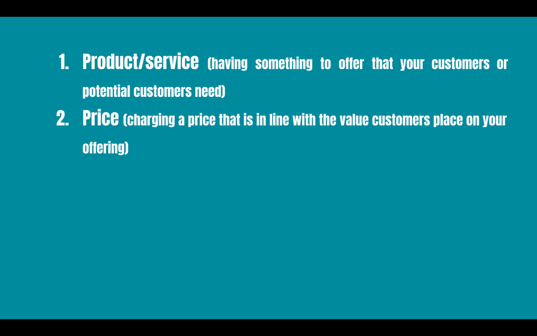The second P is the price. So price is charging a price that is in line with the value customers place on your offering. Pricing has a lot of strategies also. In pricing a product, there are so many approaches.